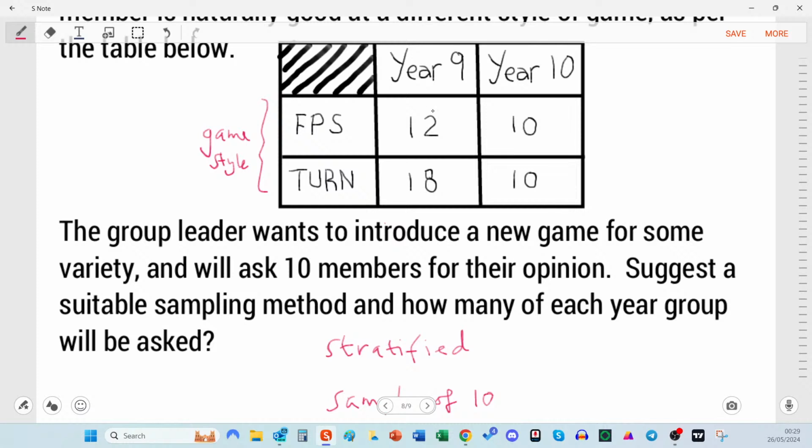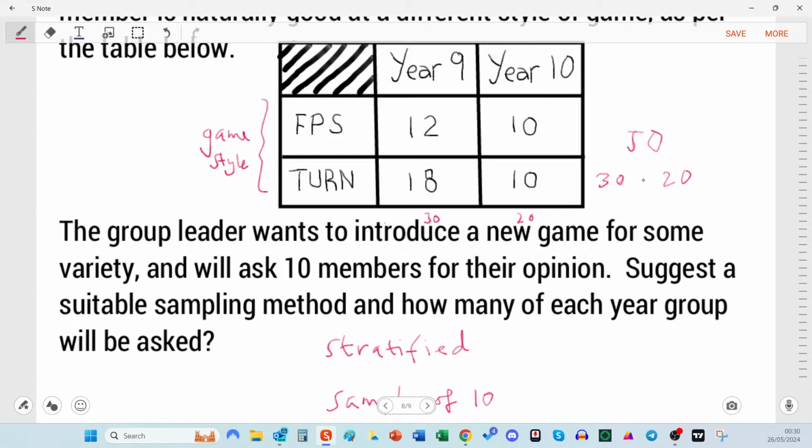Well, what you can see is there are more year 9s than year 10s, right? So we look at the total year 9s, we've got 30, and at year 10s, we've got 20. So in total, we've got 50 members here. So what you want is more opinion from year 9, because more people in that club are year 9, so they should have more of a say.